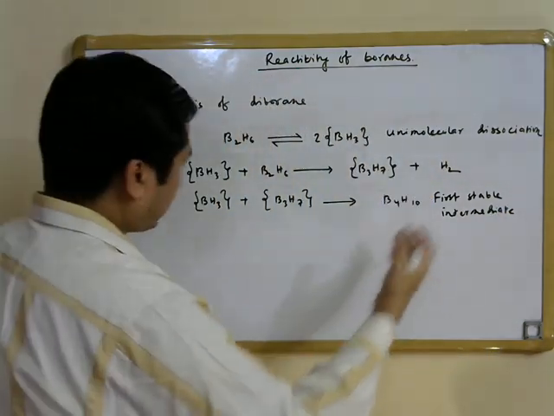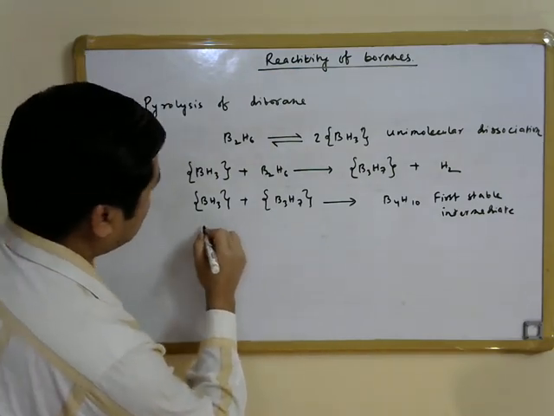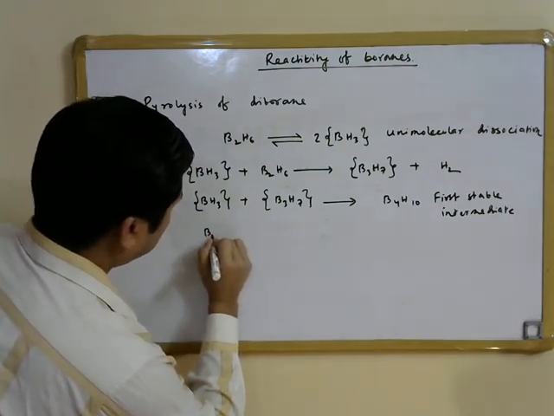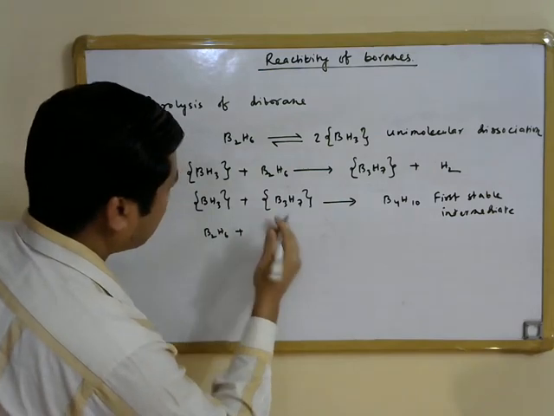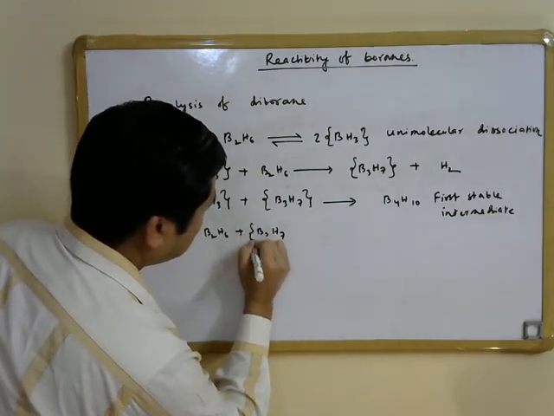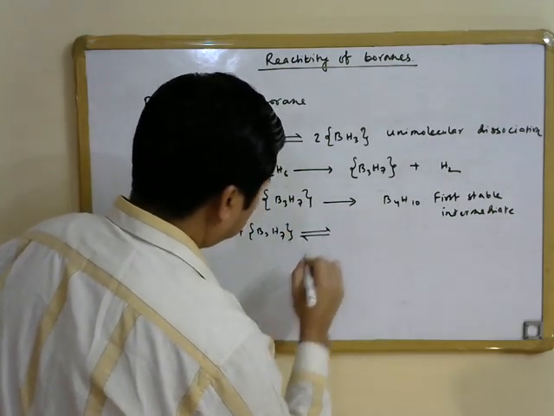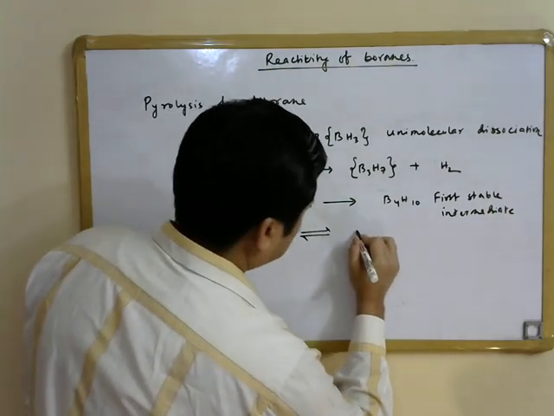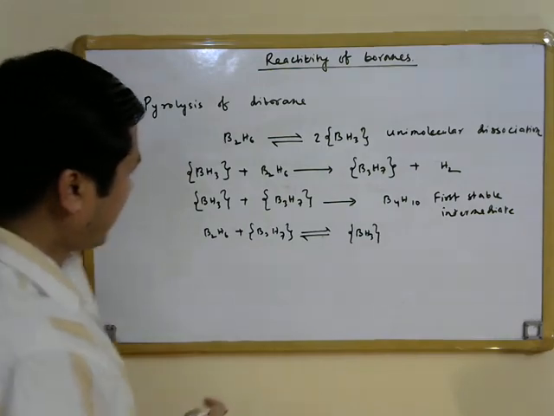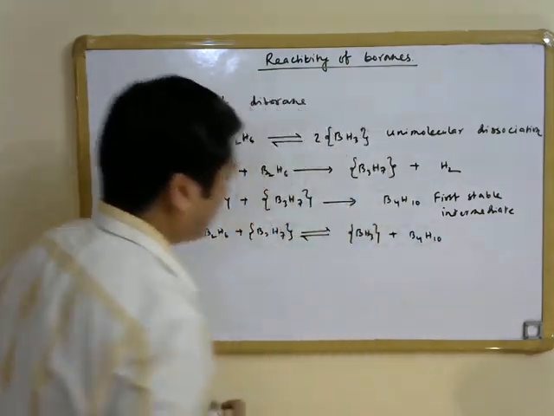And then further reactions can occur. That is, this B3H7 can react with B2H6 as well to give us BH3 once again and B4H10.